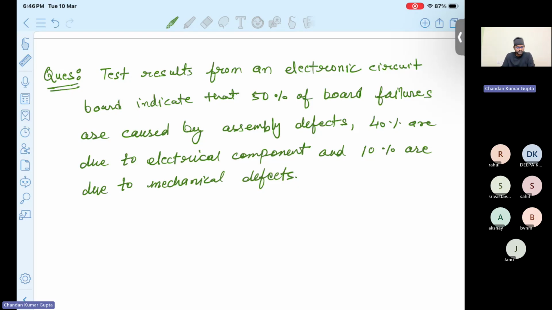Suppose that 10 boards fail independently.